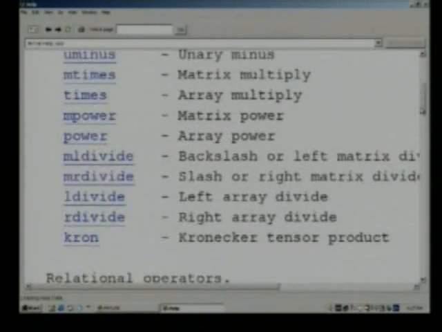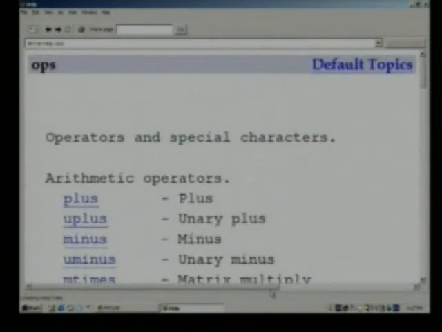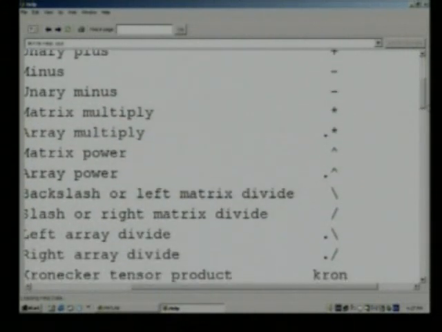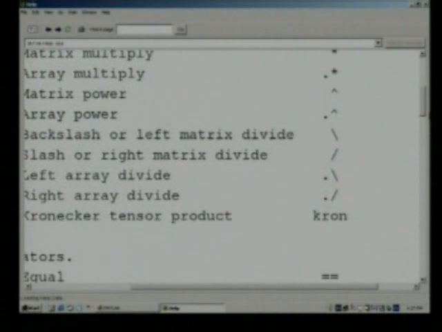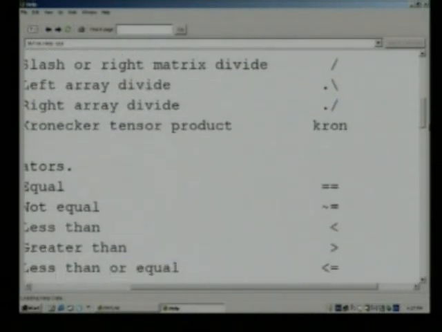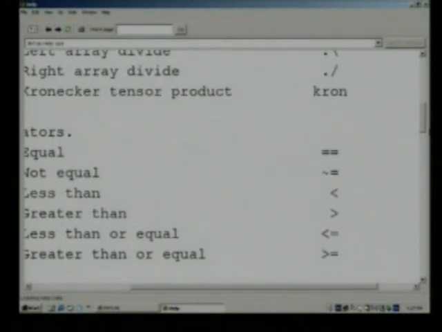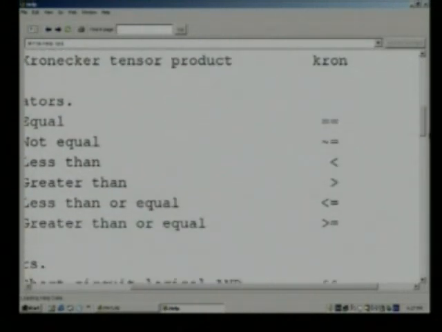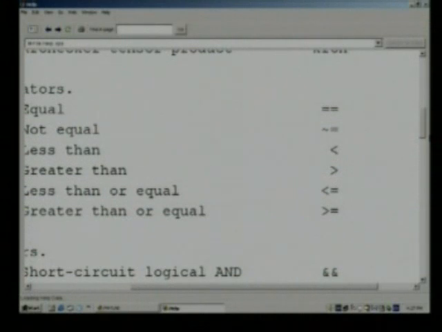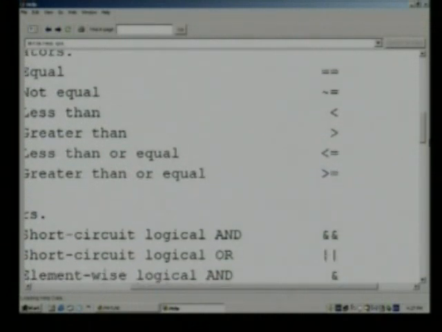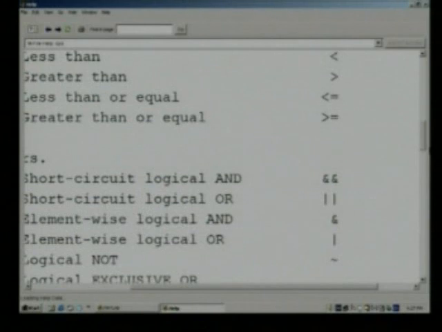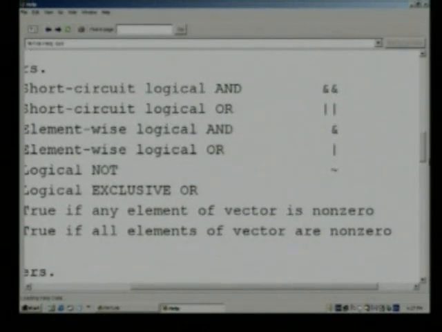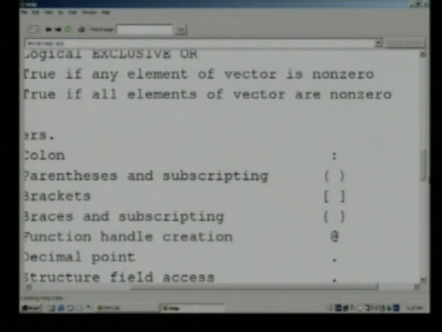So what we have learnt in the operators, mainly the symbols: subtraction, addition, multiplication, element-wise multiplication, power, left division, right division, element-by-element division, Kronecker product. We also learned the least square solution, then logical operators like equal, not equal, greater than, smaller than, greater than or equal to, smaller than or equal to, then logical and, logical or, logical not, exclusive or.